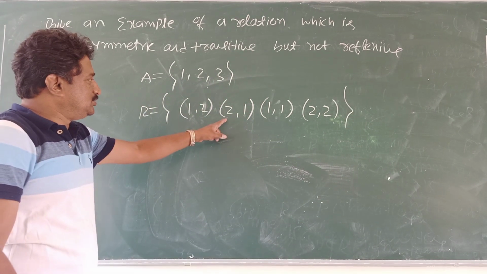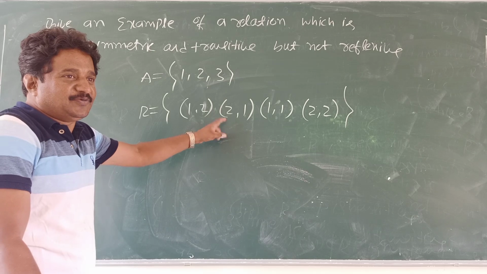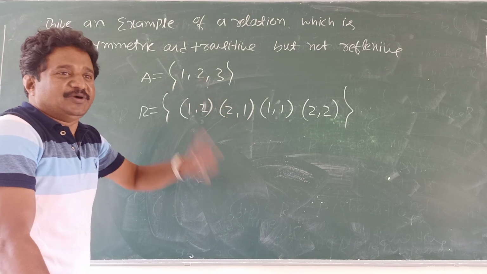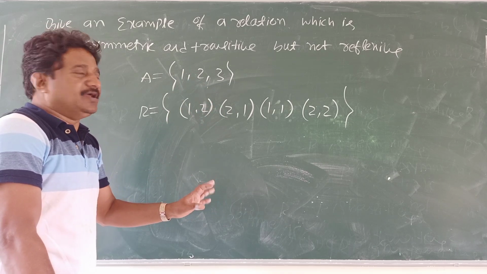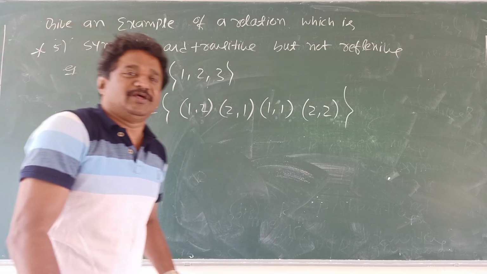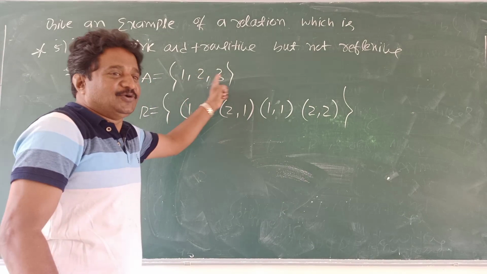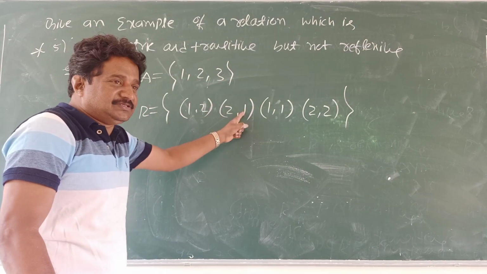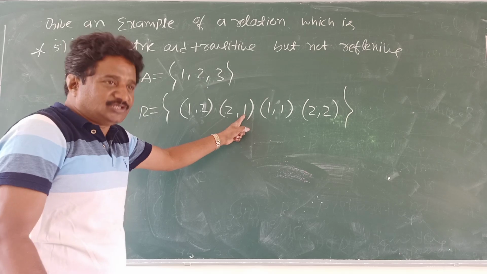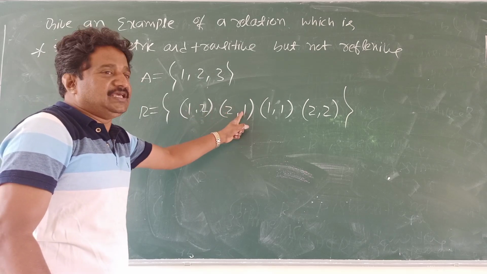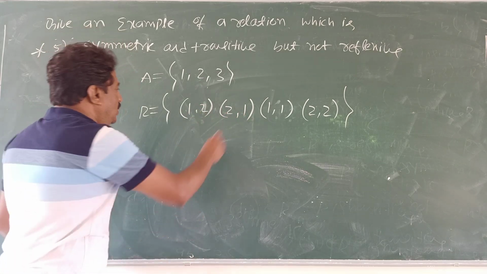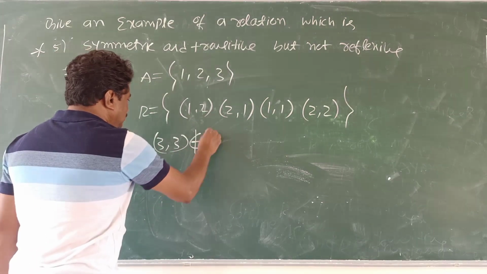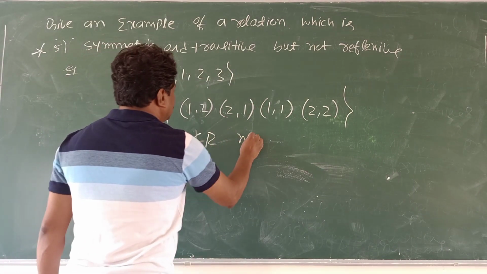This is not reflexive, students. Why is it not reflexive? (3, 3) is not there. Failing in one subject means completely failed. When we say R is reflexive, it must contain (1, 1), (2, 2), (3, 3). (3, 3) does not belong to R. Not reflexive.